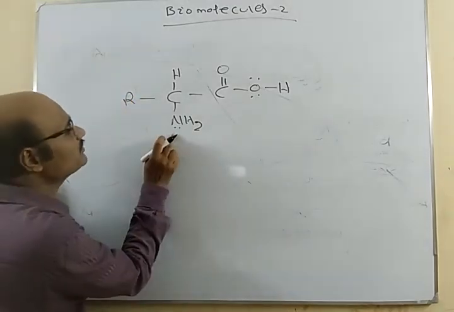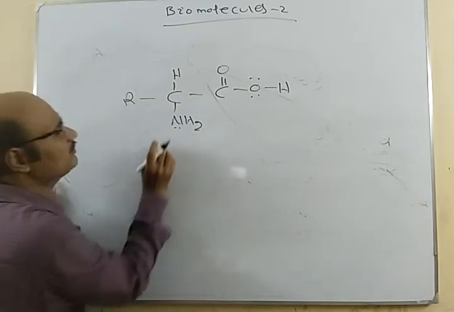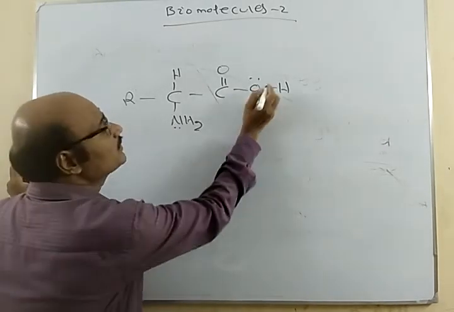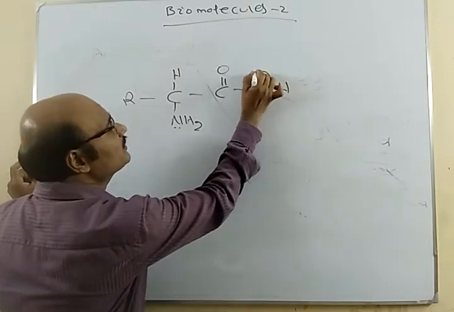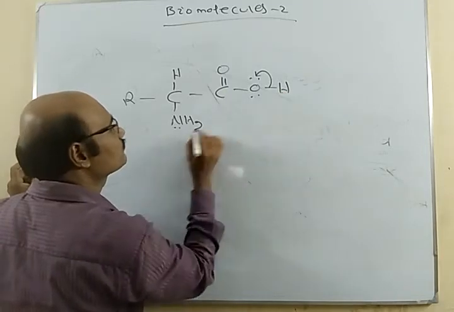Now this nitrogen atom is having NH2, with the lone pair of electrons on this side. Now this is your OH. Now this H can come and attach to the nitrogen.